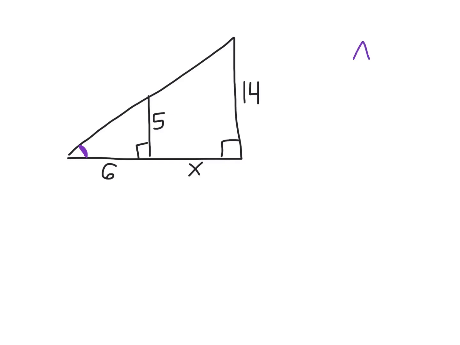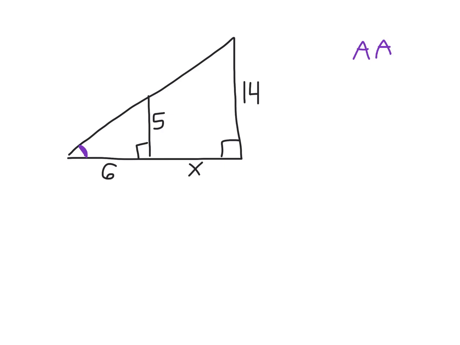And having two congruent angles is enough for me to know that these two triangles are going to be similar to each other. And because I know that they're similar, when I set up a proportion with the corresponding sides, I should be able to solve for the value of a missing side, because they'll simplify to be the same ratio.